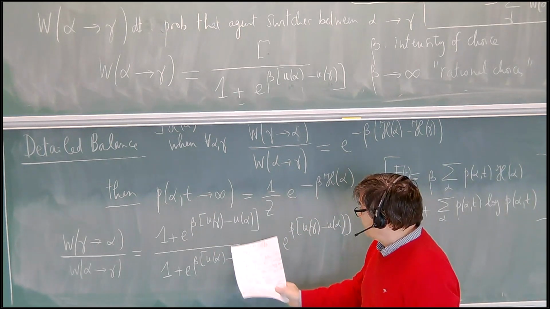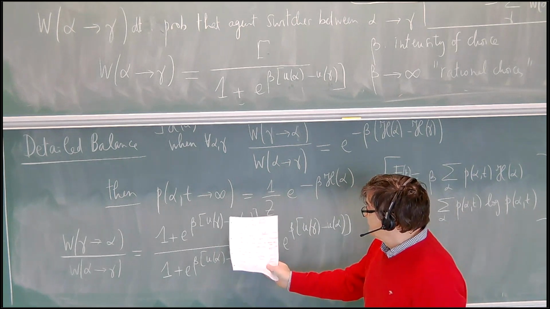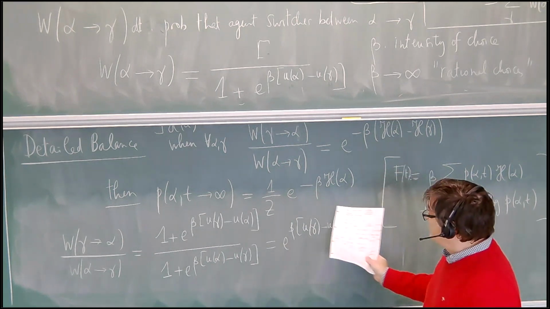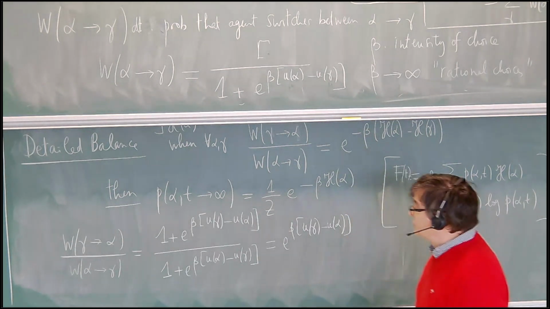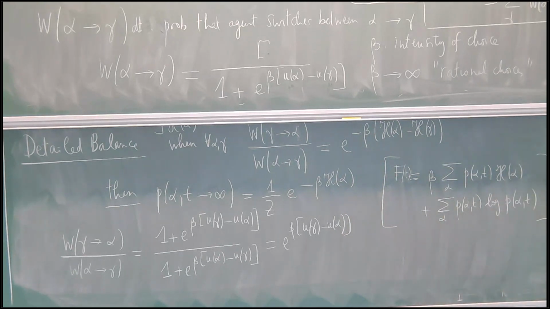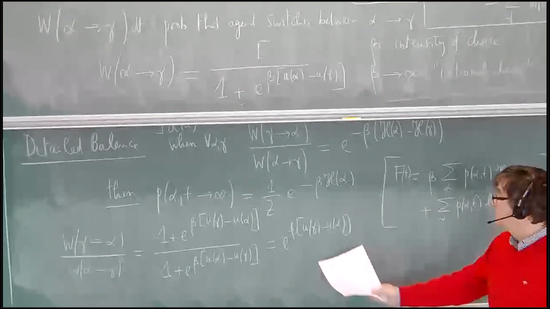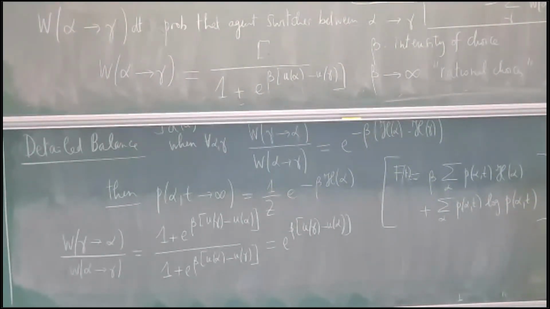But the inverse of this factor is just this. So you see that after factorizing this thing, I get the same two terms in the numerator and denominator, which means that they cancel out and they only leave this thing.